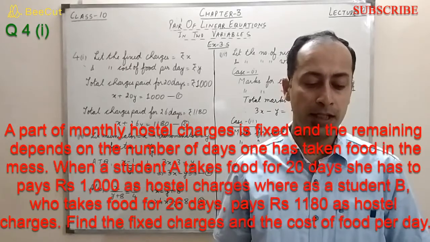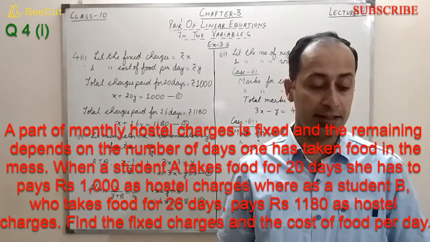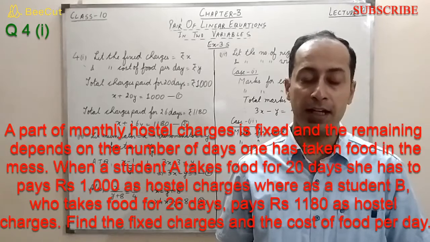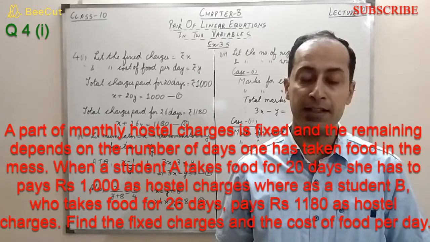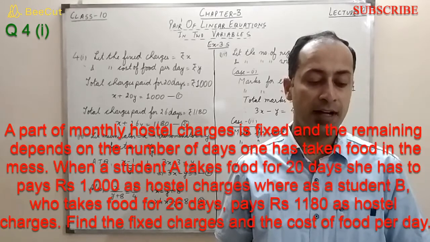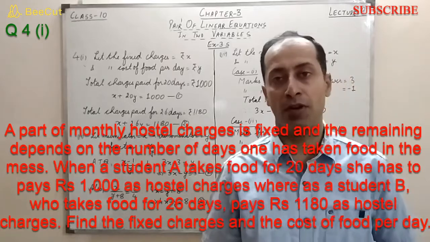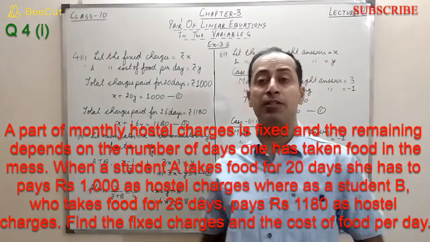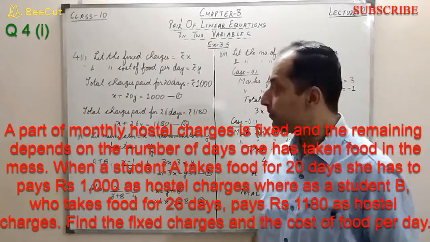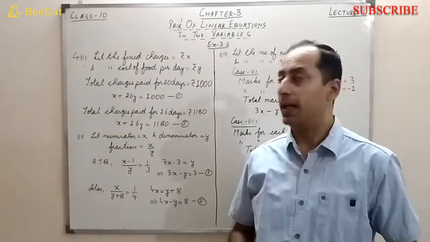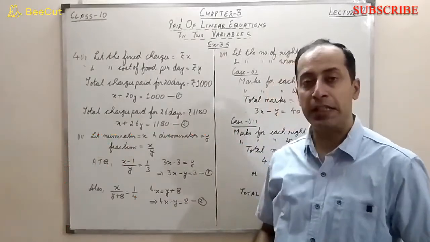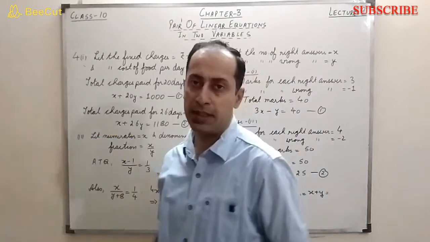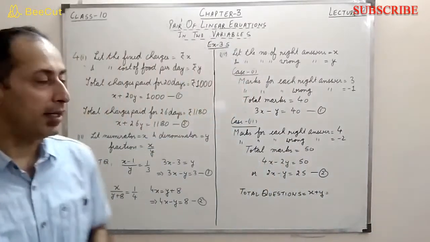When student B, who takes food for 26 days, pays rupees 1180 as hostel charges. Find the fixed charges and the cost of food per day, right? So the things we have to find are the fixed charge and the cost of food per day. So these are the two things we suppose as X and Y.